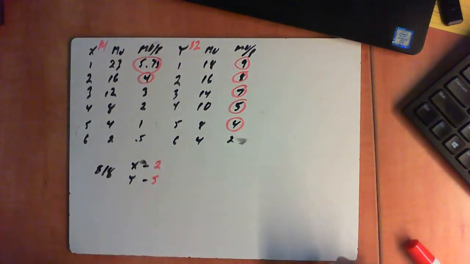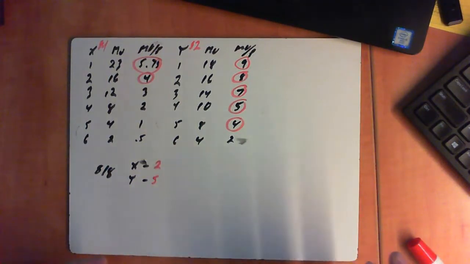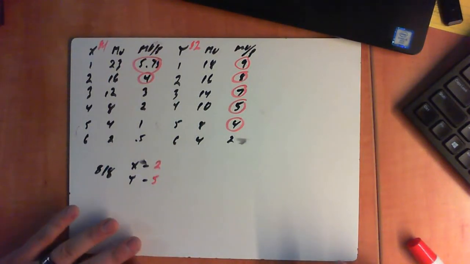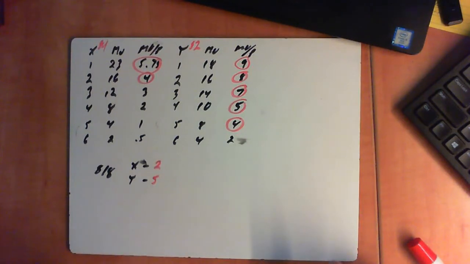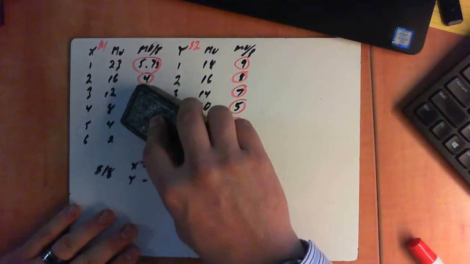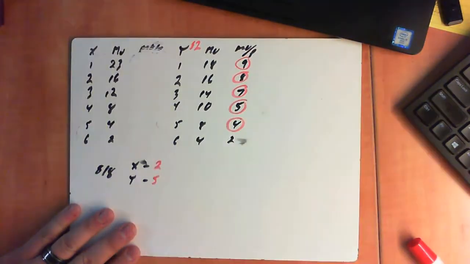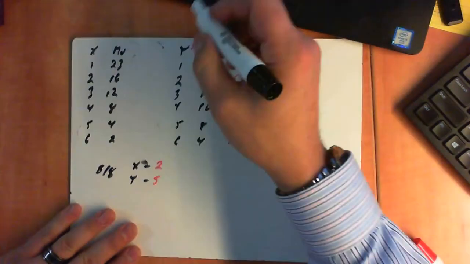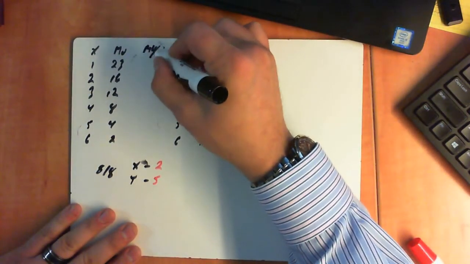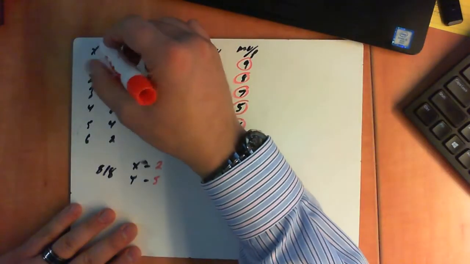Now let's say that things change, right? And many other things can change. The price of X falls to $2. What would be the new quantities of X and Y? Well, we'd have to recalculate marginal utility by price. So this is still the marginal utility by price, but now we're going to look at X equaling $2.